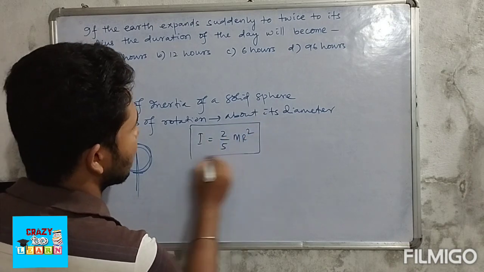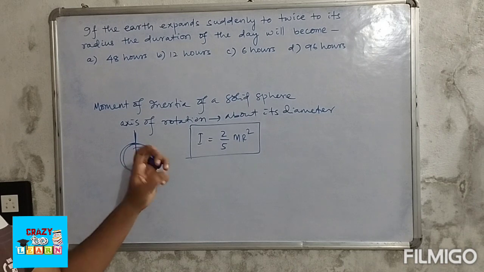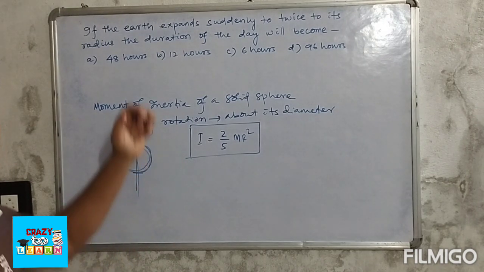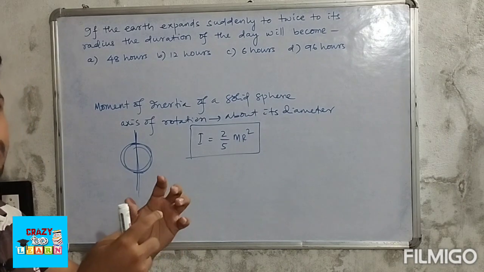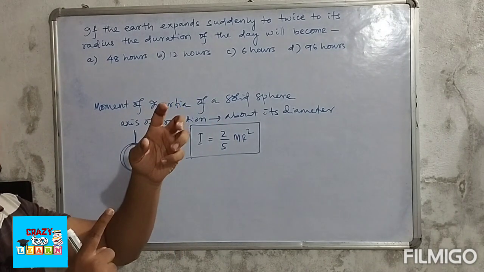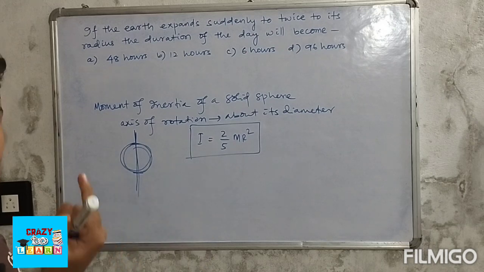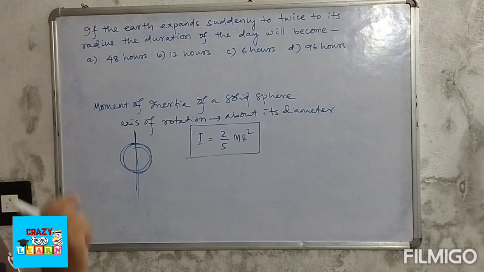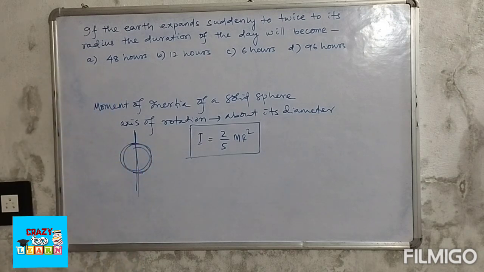It is the formula for the moment of inertia of a solid sphere rotating about its own axis, an axis passing through its diameter. What is the axis? Axis is its diameter. That means, just take a potato and if you put a small stick inside the potato through any diameter, then when it rotates, that is the moment of inertia.